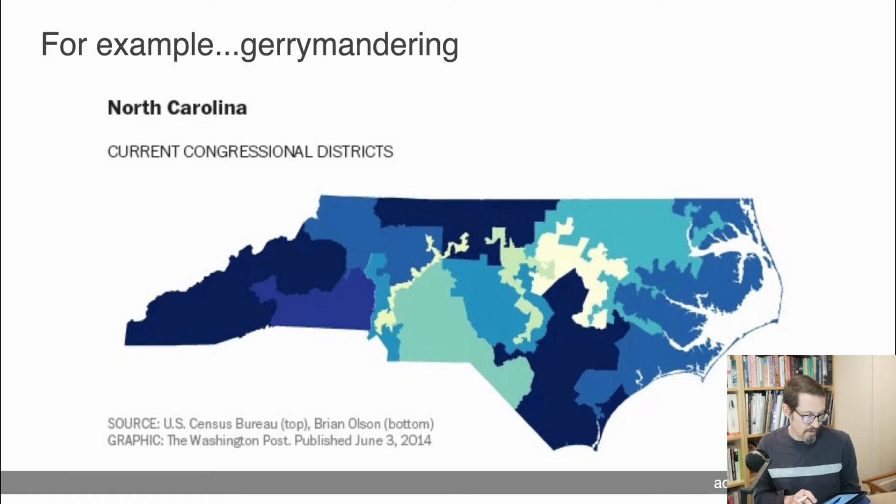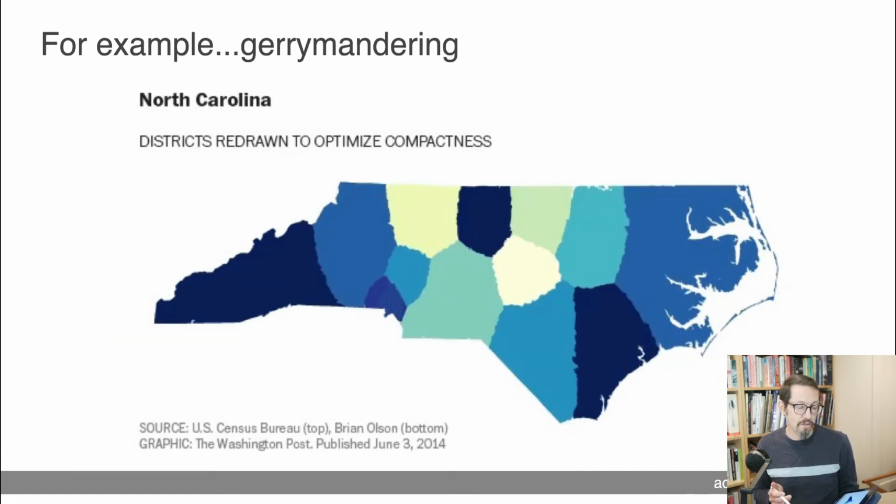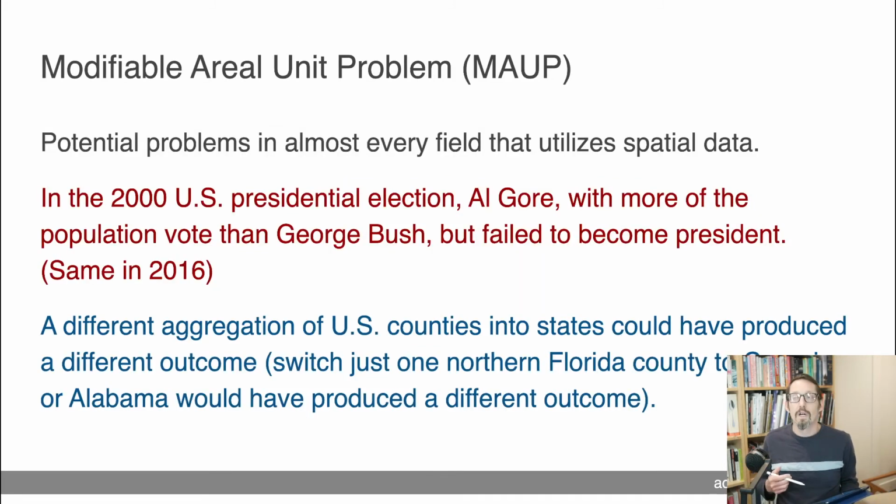Okay, we could redraw these districts to be compact, to get the right number of people that have to be in a district, because that's the way we define districts, by representation, and yet keep everything compact. So going back to the problem, the modifiable areal unit problem, by redrawing districts in different ways, we can get different results.